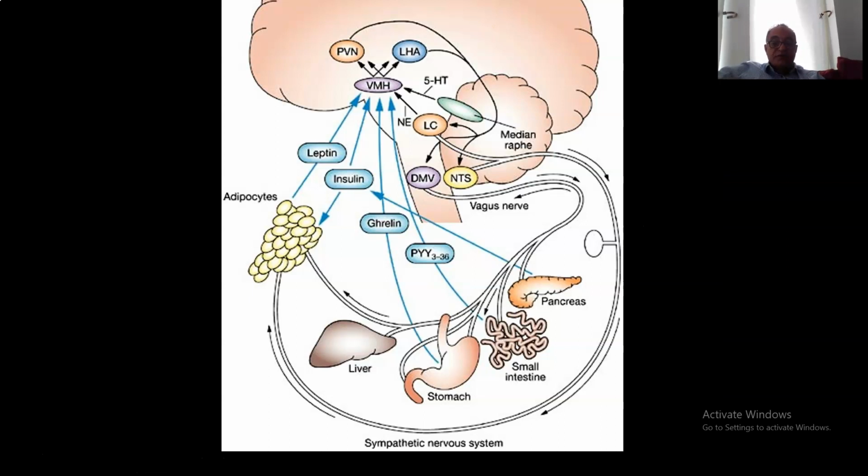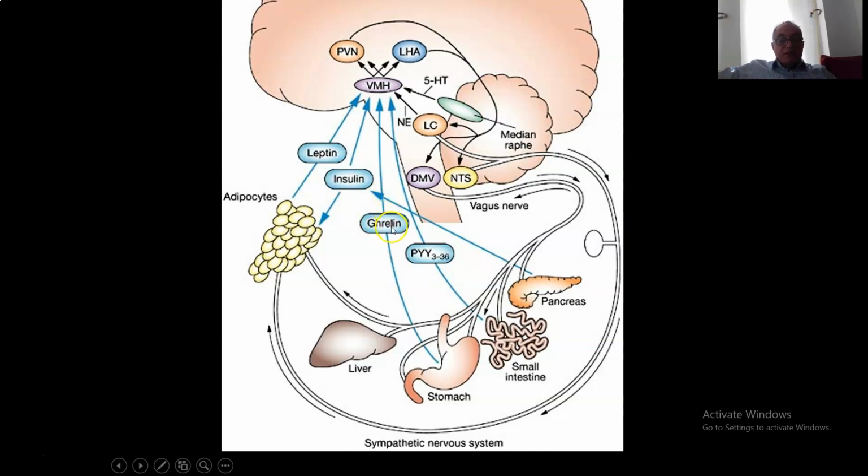Examples of autonomic pathways. We are not supposed to study this or to say it, but you have to have an idea that there is always a feedback from the visceral organs to the hypothalamus, because, as we said, it is the autonomic control, and because it is responsible for the hunger and the satiety centers. And from here, you see some hormones going back from the stomach to the hypothalamus, which is the ventromedial nucleus of the hypothalamus, paraventricular nucleus of the hypothalamus.